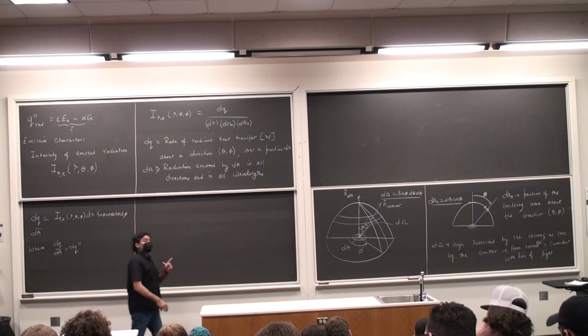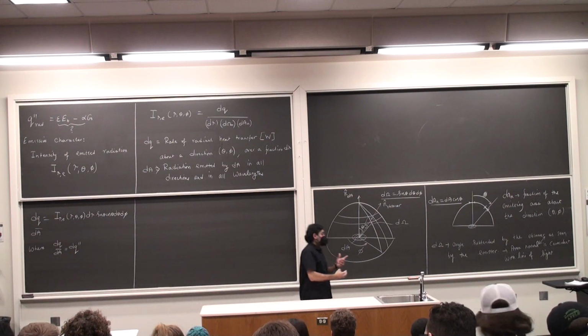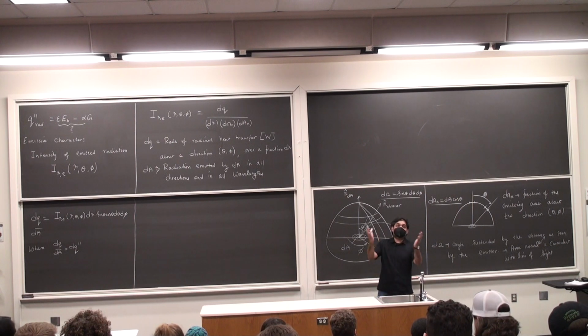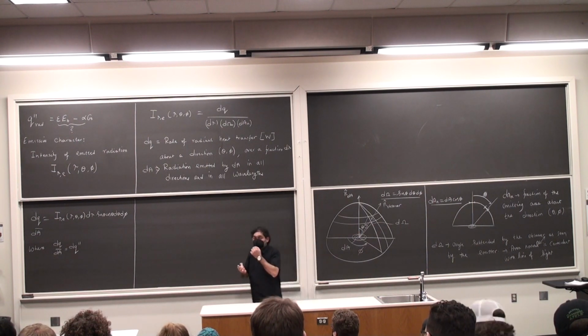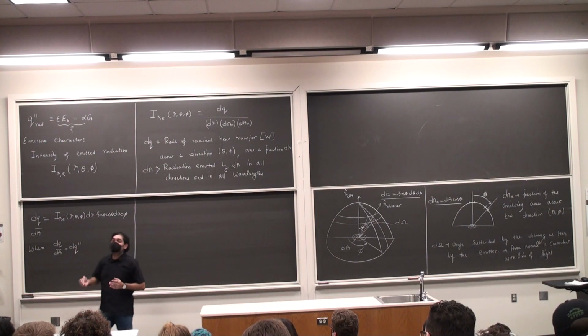But this is just the flux at about a specific direction, and for a fraction of the wavelength. What if I wanted for entire range of wavelengths and for all the directions? I integrate and I just get the emissive flux, the total emissive flux.